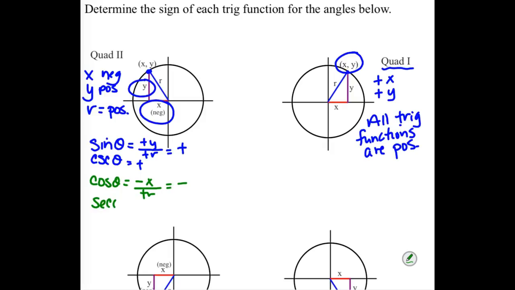Same for secant. But tangent uses y divided by x. And since our y value is positive and our x value is negative, we are going to get an overall negative answer for tangent and for cotangent.